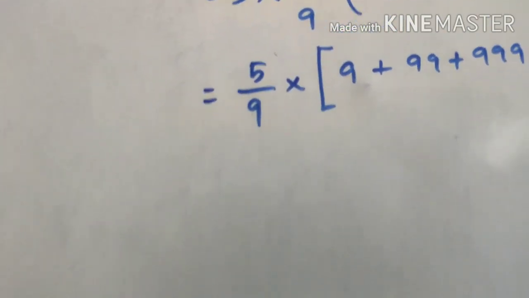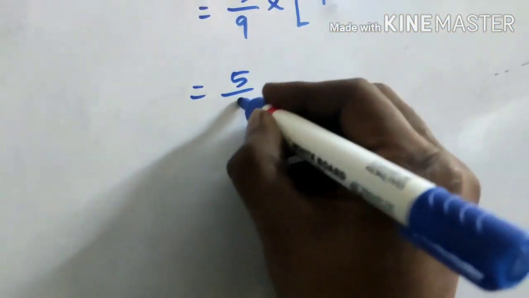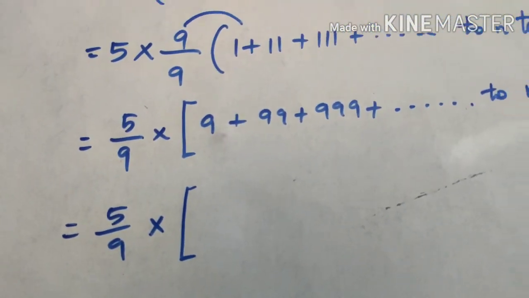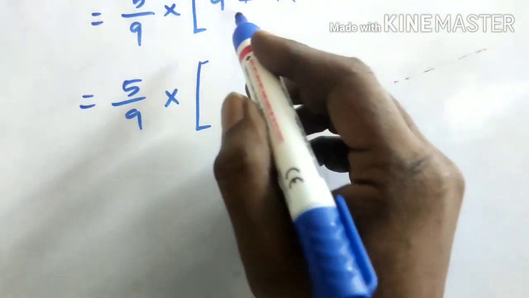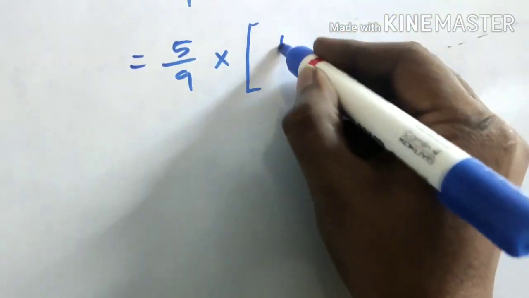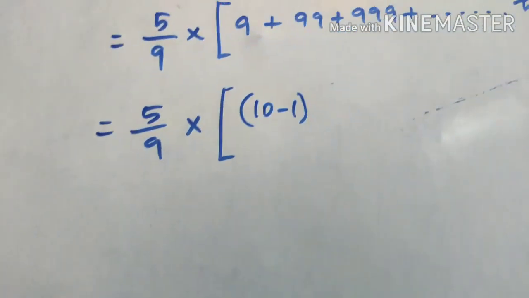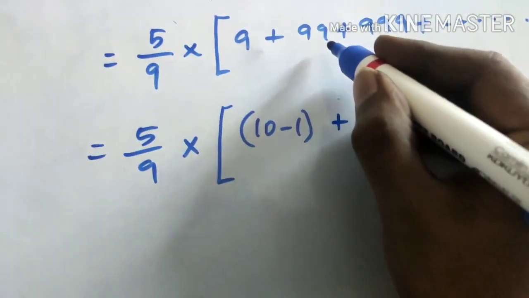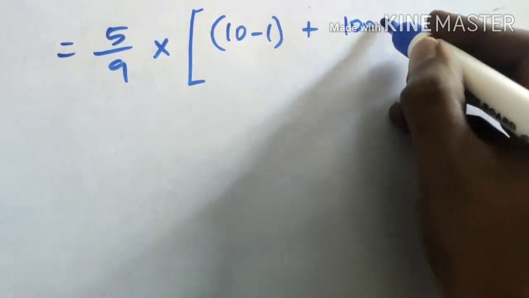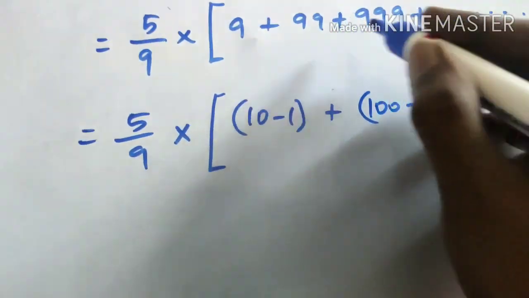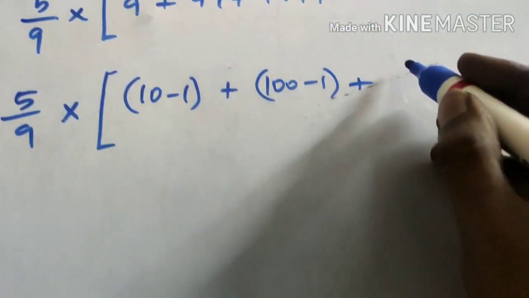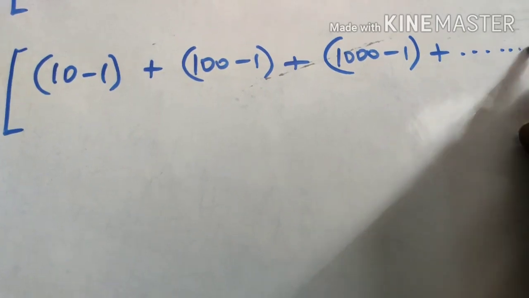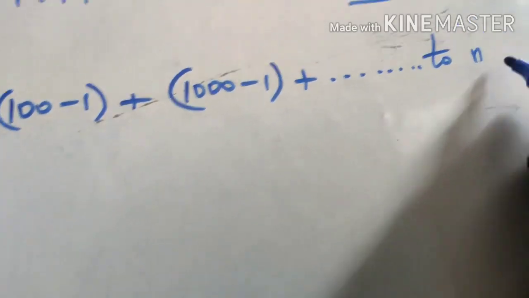Now what I am going to do is, 5 by 9 you keep as it is, and see here, instead of this 9 I am going to write 10 minus 1, plus instead of this 99 I am going to write 100 minus 1, plus instead of this 999 I am going to write 1000 minus 1, plus dot dot to n terms.